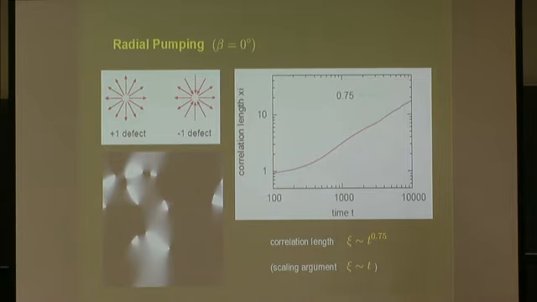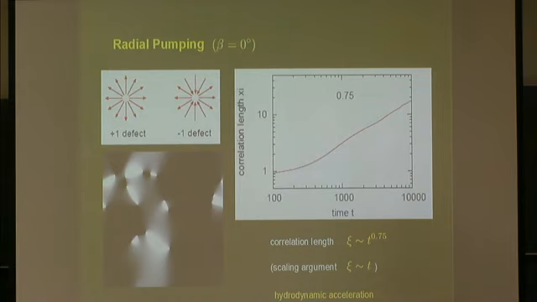So the difference between the scaling argument and the numerical observation is presumably due to a logarithmic correction in 2D XY-like systems. So we can say that it's not diffusion, it's accelerated by the long-range hydrodynamic interaction.